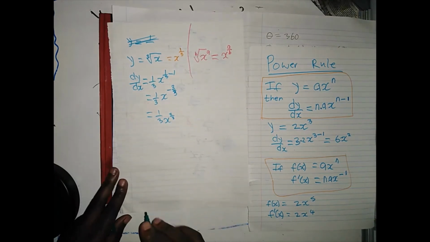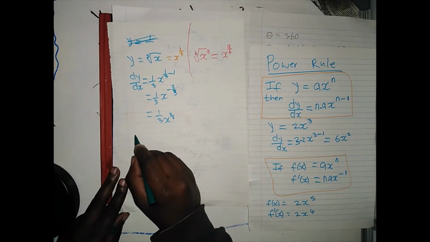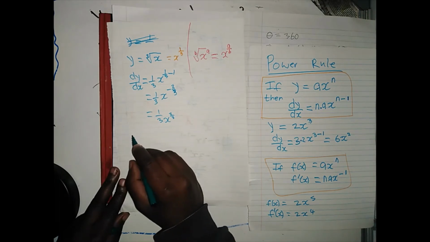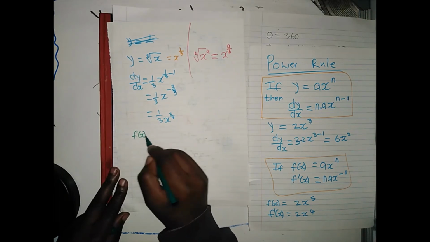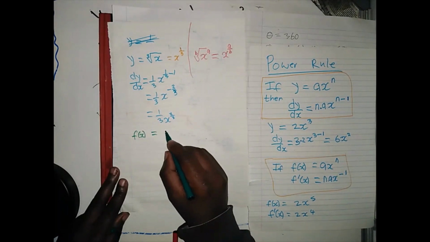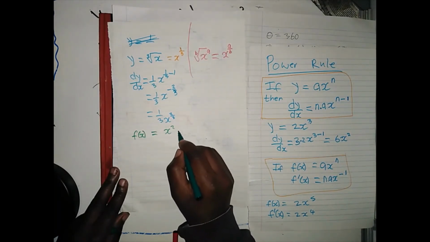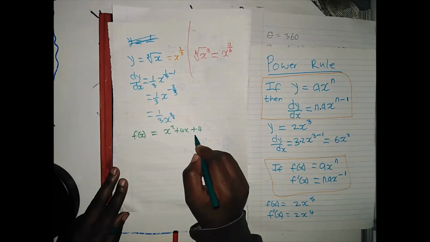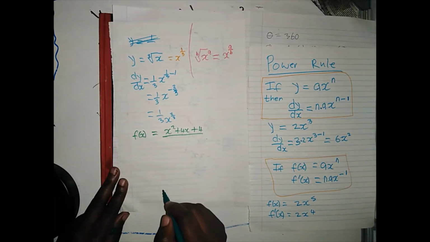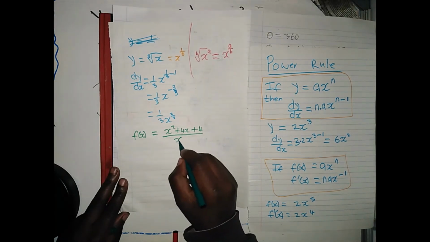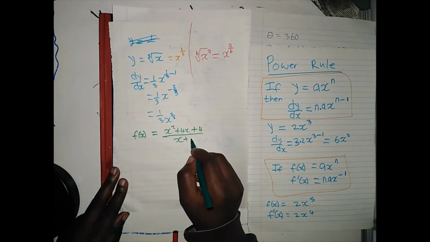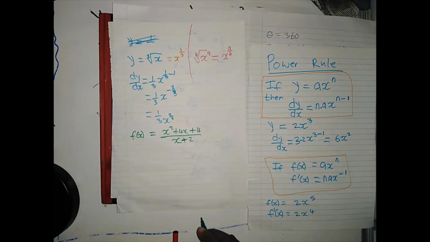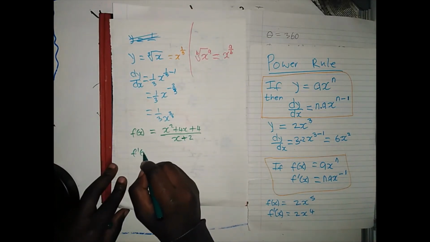Let's now say that you have f of x equals x squared plus 4x plus 4, divided by x plus 2. And then they say find f prime of x.